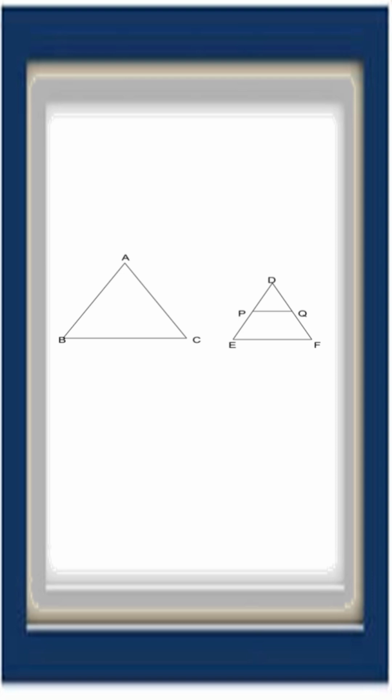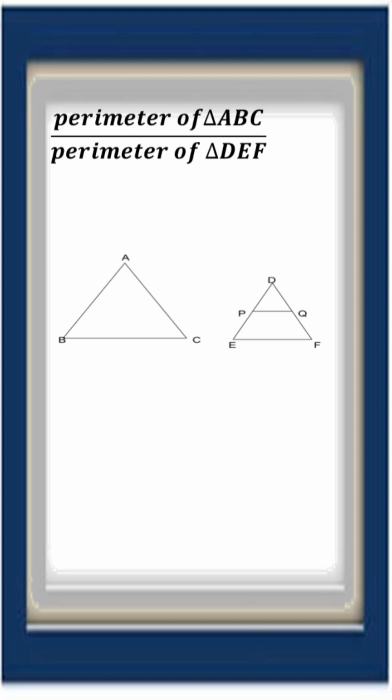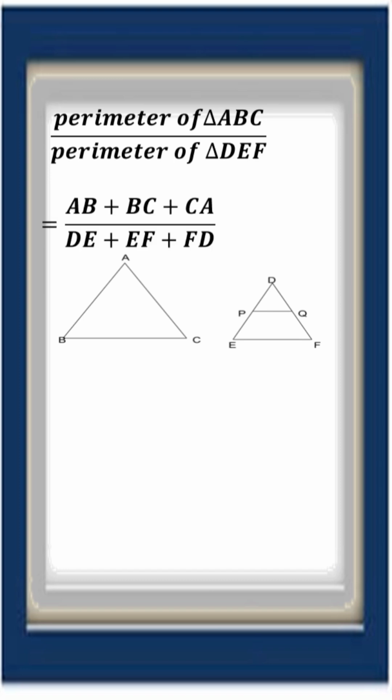Now let us find the value of perimeter of triangle ABC upon perimeter of triangle DEF. We know that perimeter of a triangle is equal to sum of all the sides. So perimeter of triangle ABC is equal to AB plus BC plus CA.